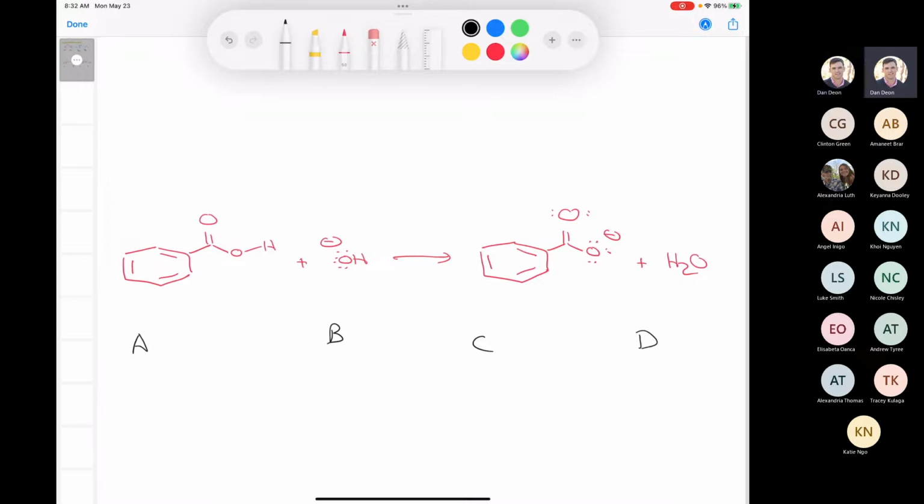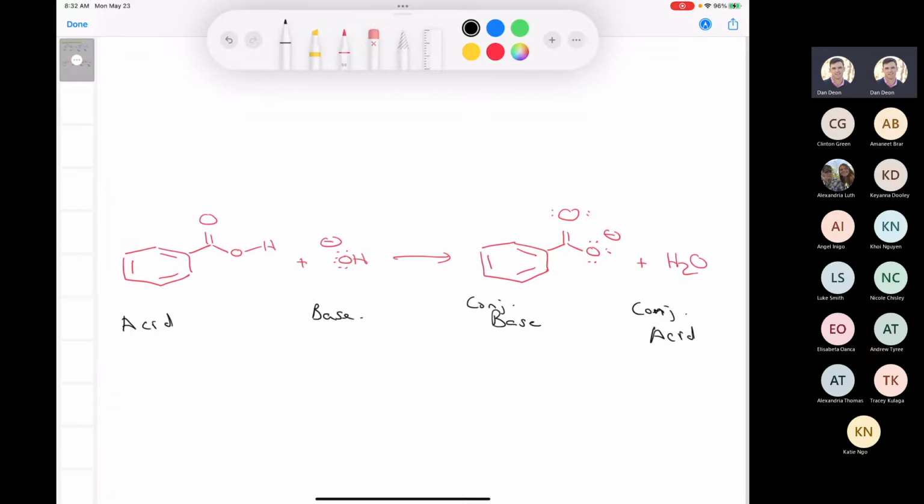Yeah, absolutely. Perfect. So this is my conjugate base. All right, I'll just erase the rest. Therefore, this is my conjugate acid. This is my acid, and this is my base.